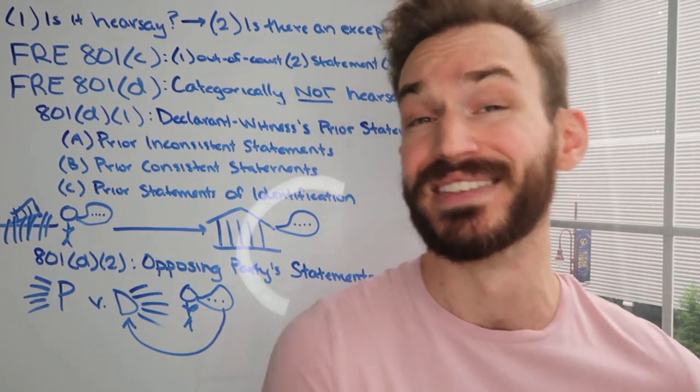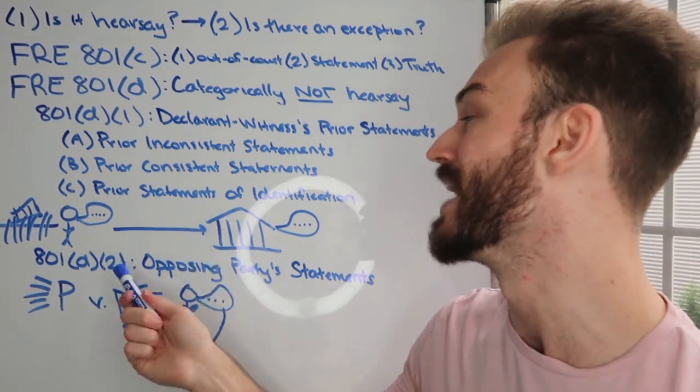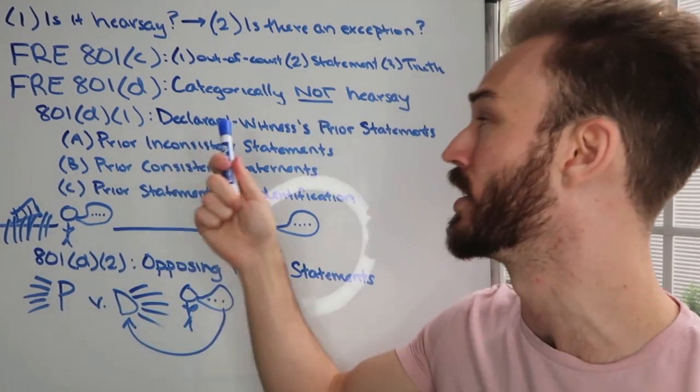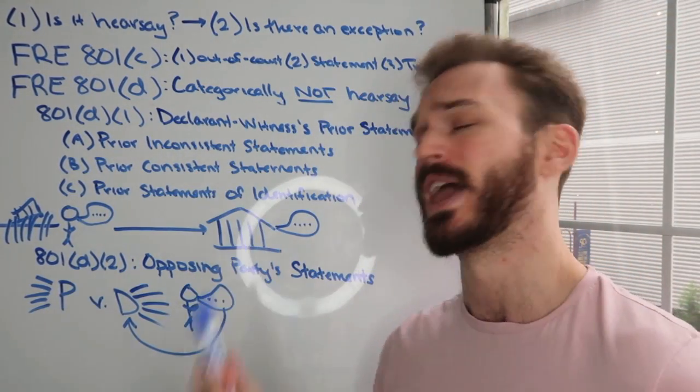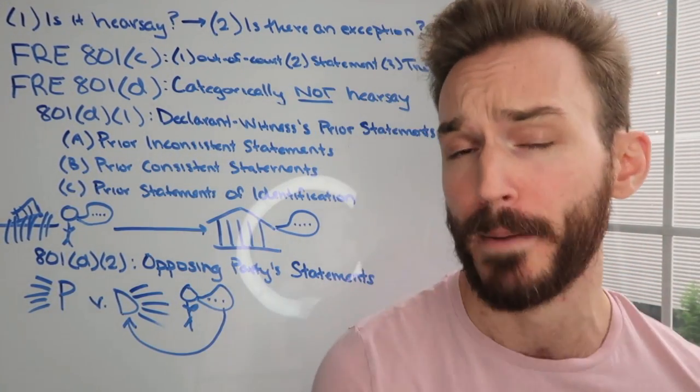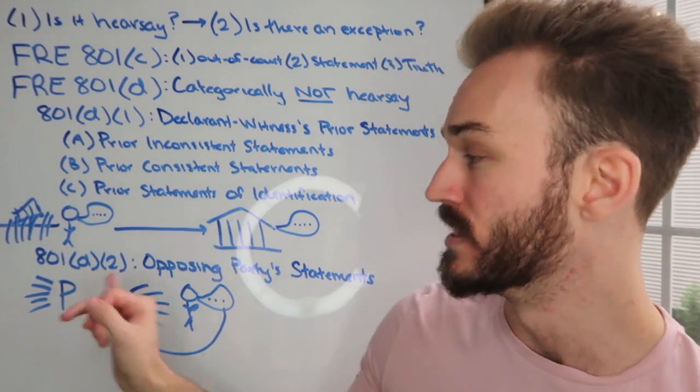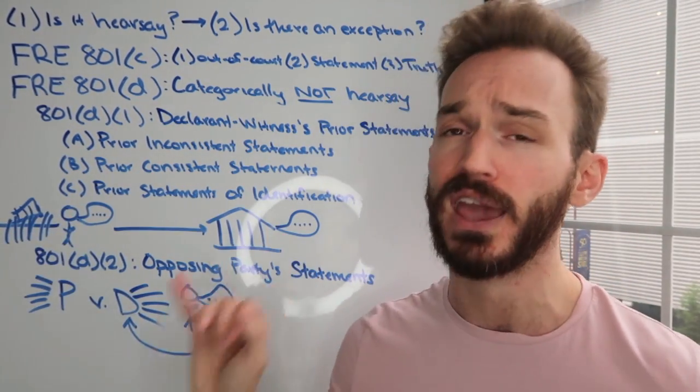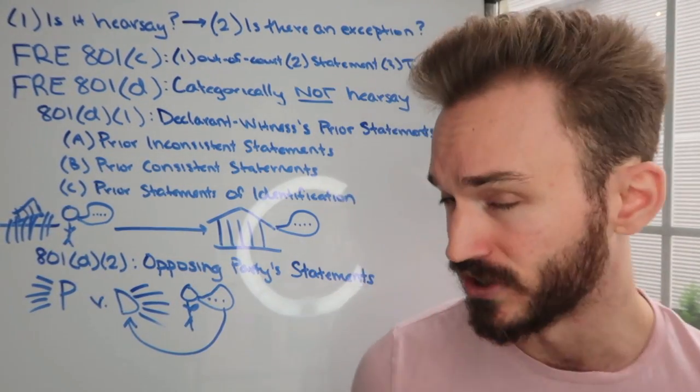Those statements of identification are not hearsay if the declarant witness is testifying in their current trial and is subject to cross-examination. Then those prior statements of identification are not hearsay, okay?